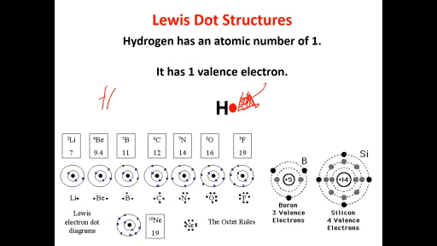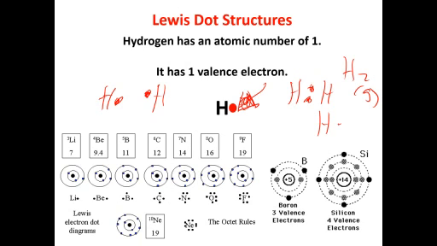One valence electron. And then you have another little hydrogen that comes along. It has 1 valence electron. When those 2 come together, you get the formation of a molecule of hydrogen gas.